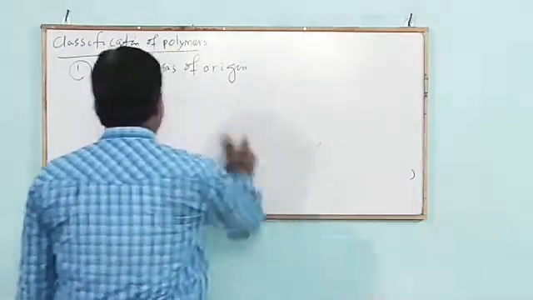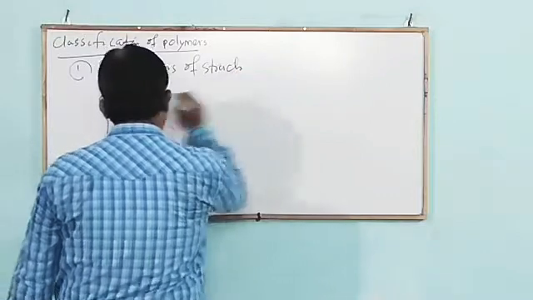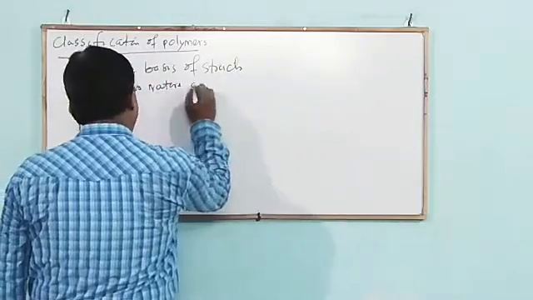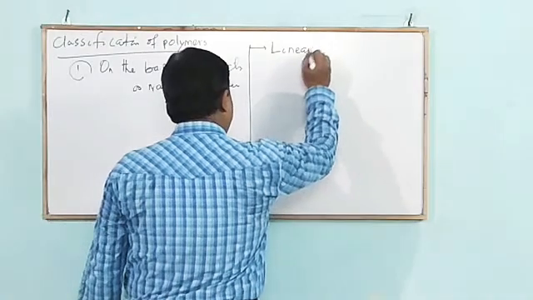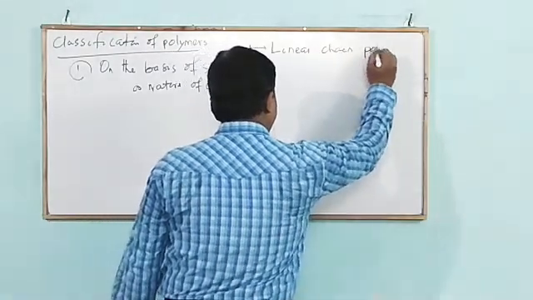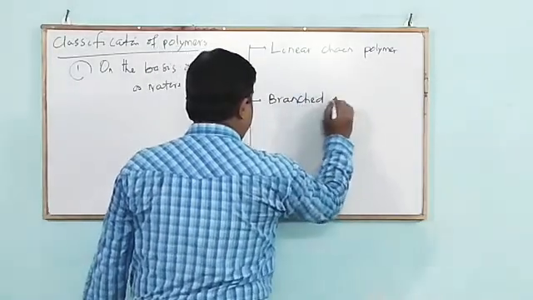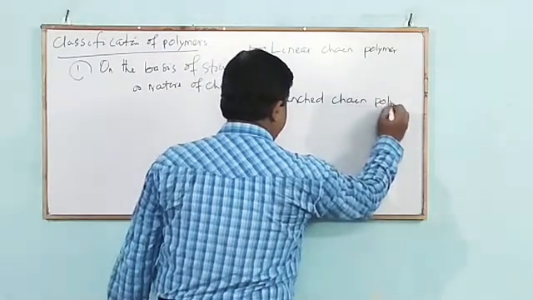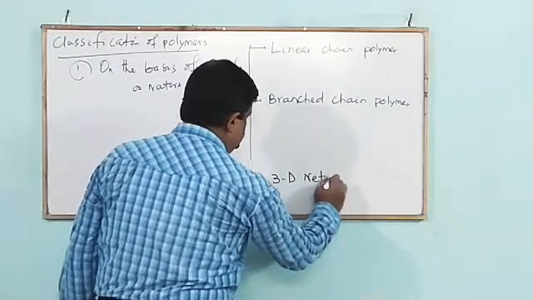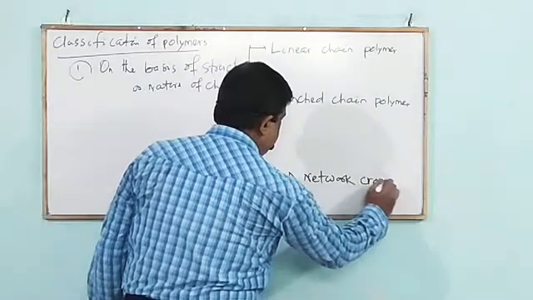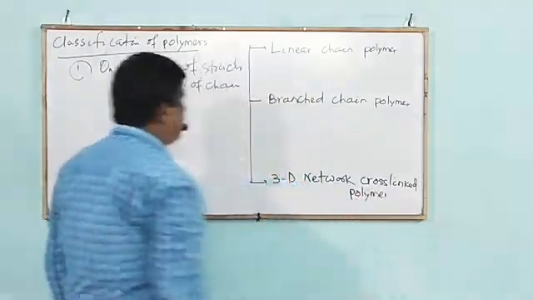On the basis of structure or nature of the chain, it is classified into linear chain polymer, next branched chain polymer, next three-dimensional network cross-linked polymer. So let us discuss one by one.